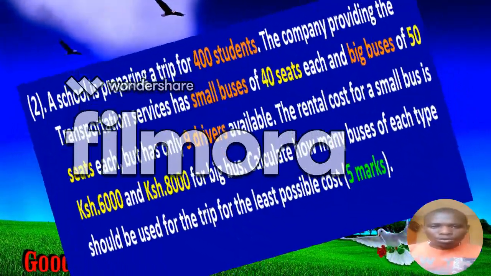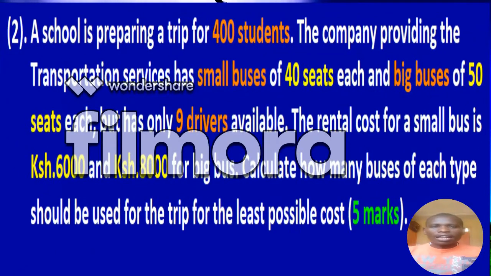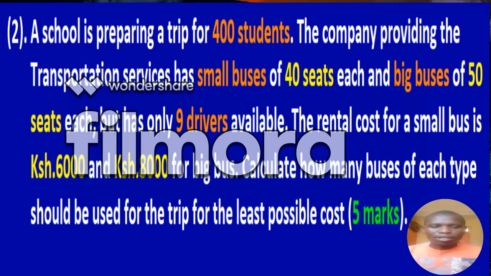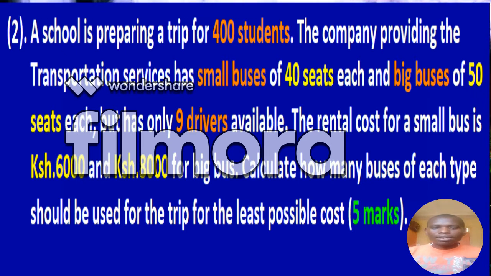Now question 2 goes: a school is preparing a trip for 400 students. The company providing the transportation services has small buses of 40 seats each and big buses of 50 seats, but has only 9 drivers available.